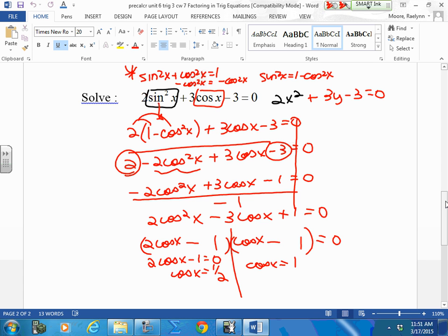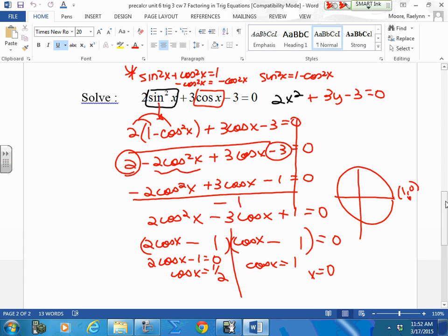Now I solve. Let's hit the cosine x guy. Whenever you have a cosine and a sine of a 1 and a 0, it came from a quadrant. So it came from right here. It came from your 0. Did we want this in 0 to, let's just go 0 to 2 pi. So your answer would be 0.